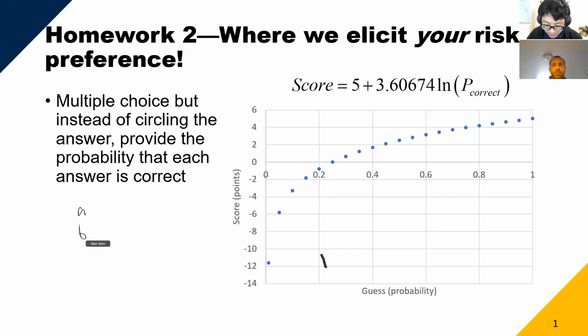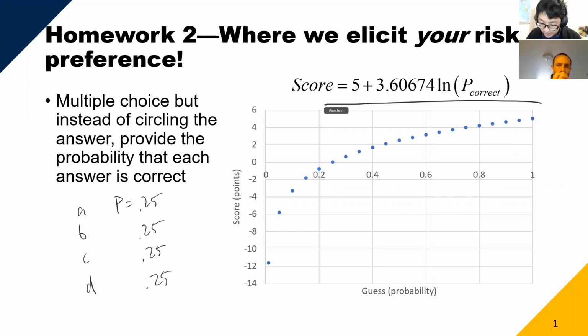So let's say you have A, B, C, D, and you're not sure what the answer is, so you just give an identical probability for each of these, 0.25, 0.25, like this. If you plug that into here, you'll see that at 0.25, that's 0 points.